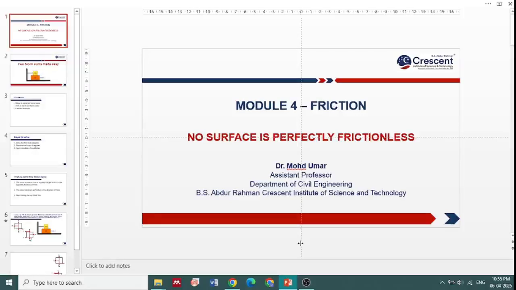Previously we were studying about friction and we have solved a problem.